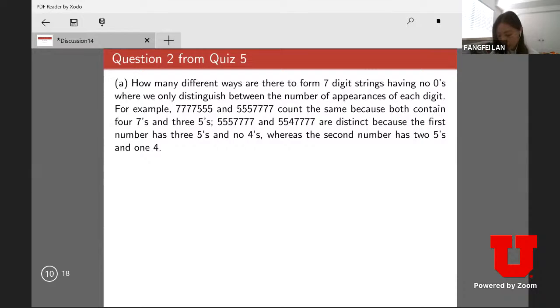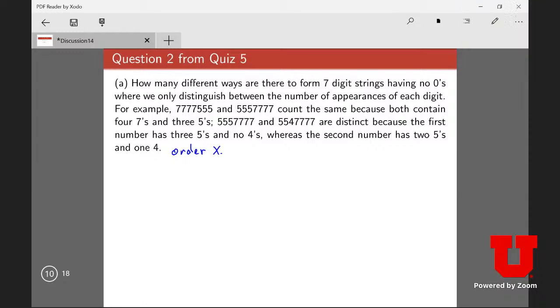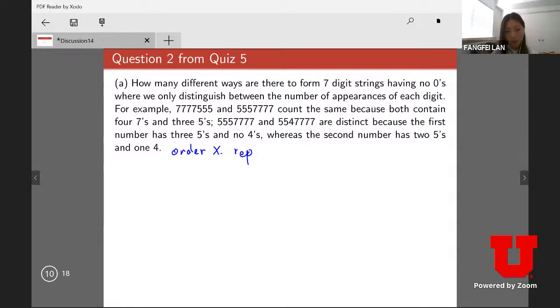So basically here, first of all, identify. We already said order does not matter, right? What about repetition? Do you have repetition here? Yes. Okay, repetition, yes. So what kind of problem is this?